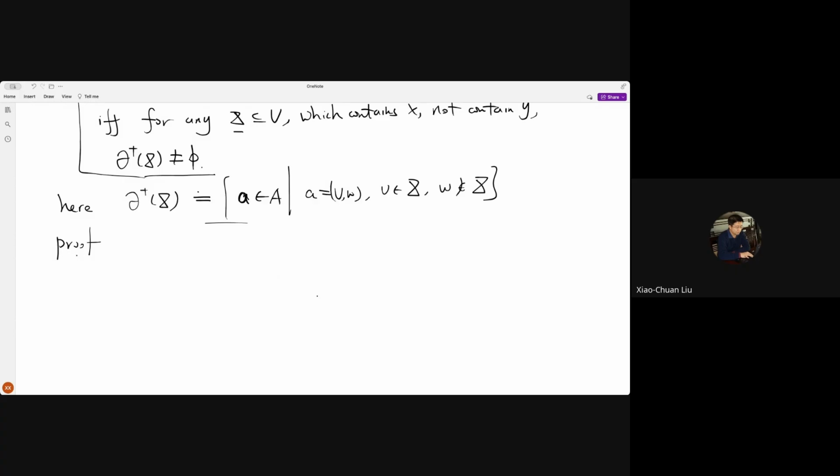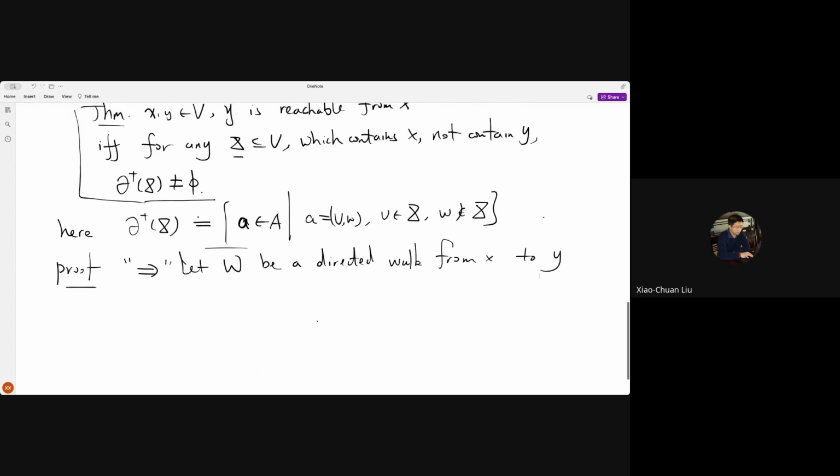Okay, so let's start with this direction. Let's say Y is reachable from X, so you can actually find a directed walk. Let W be a directed walk from X to Y. Y is reachable from X, so there exists such a thing.